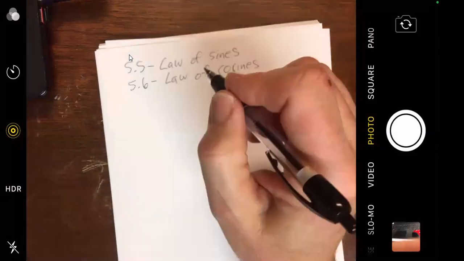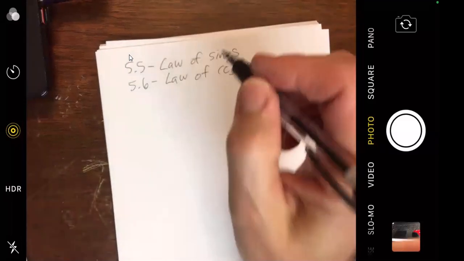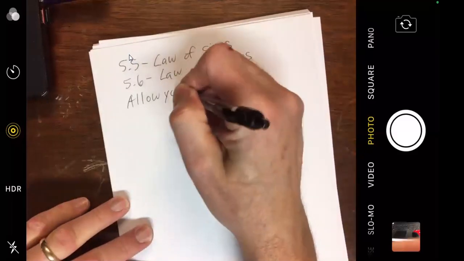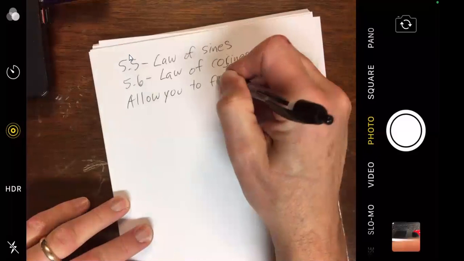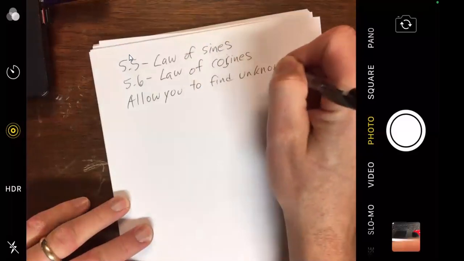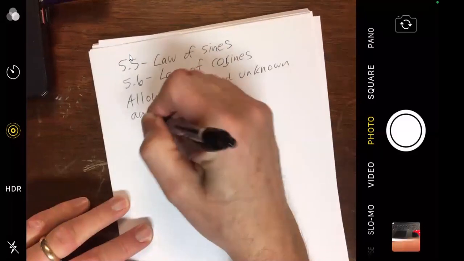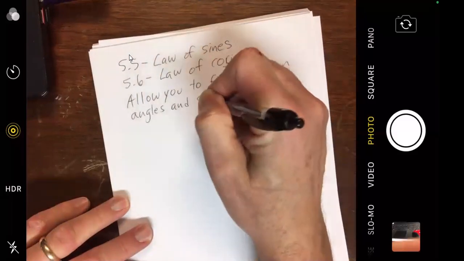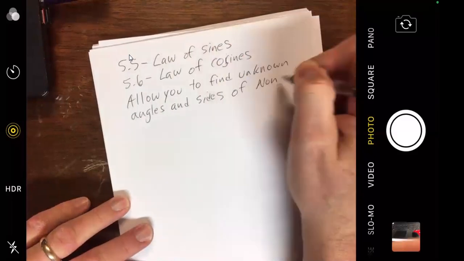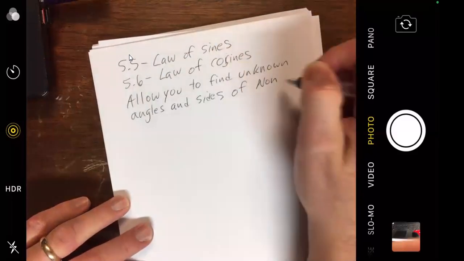They allow you to find unknown angles and sides of non-right triangles.